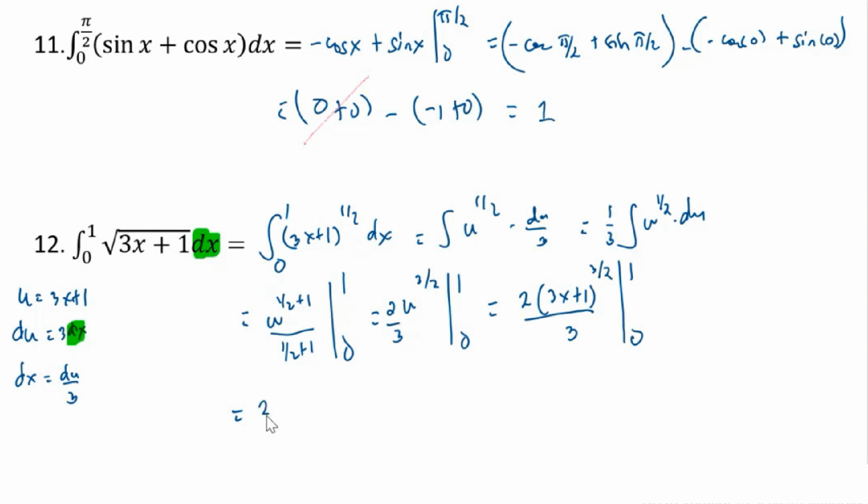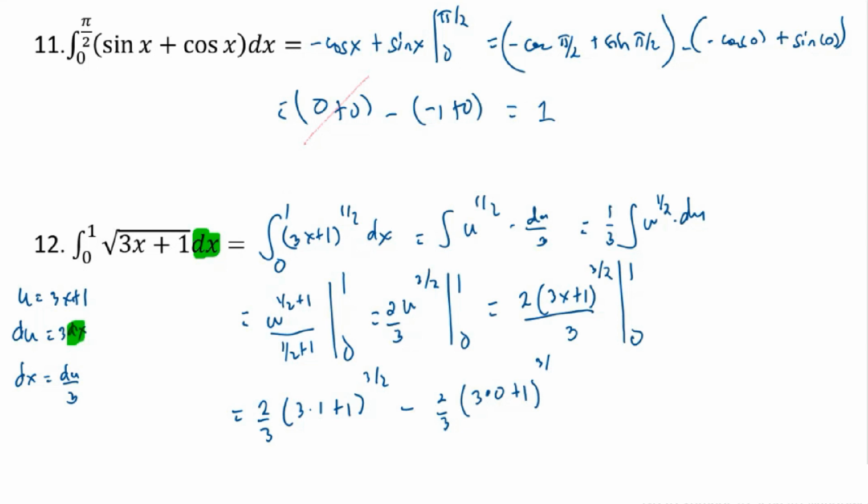We have now 2/3 times 3 times the value of x is 1 plus 1 to the power of 3/2, minus 2/3 times 3 times the value of x is 0, then plus 1, then raised to the power of 3/2.